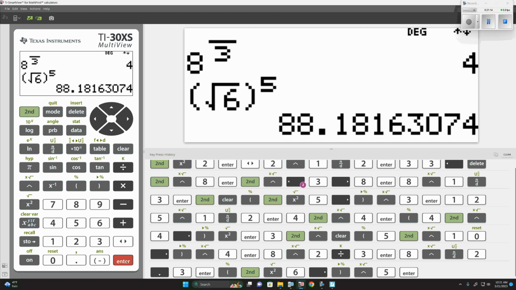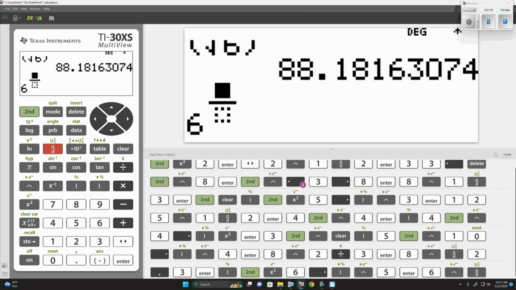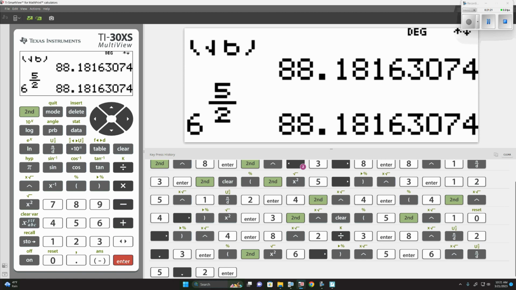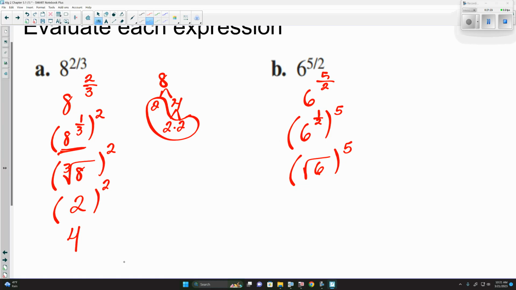Or we could have said 6 to the 5 halves and gotten the exact same thing. Questions on any of these here so far? And again, these are different ways we can look at these powers and exponents.